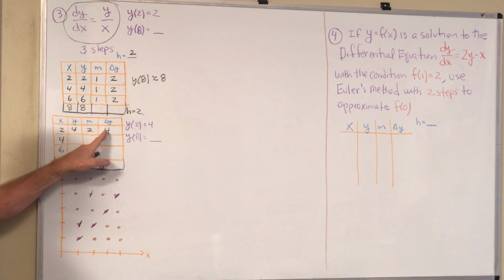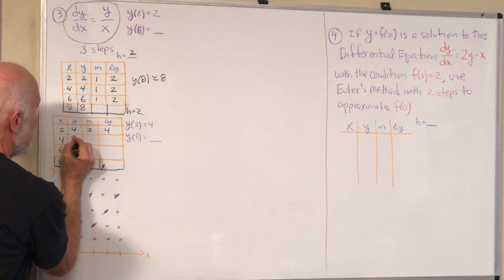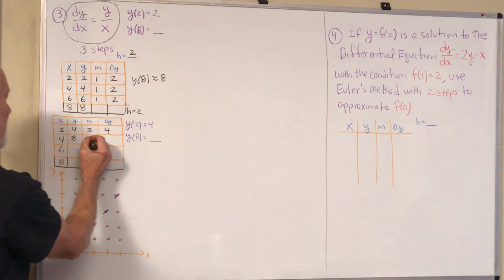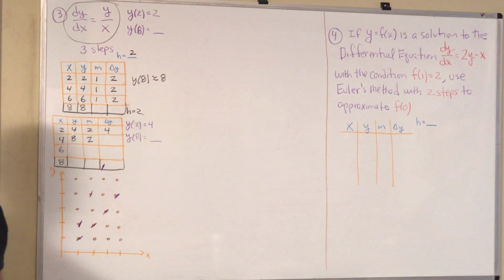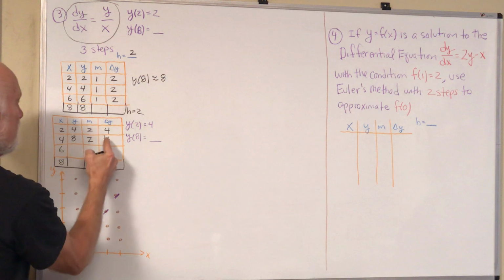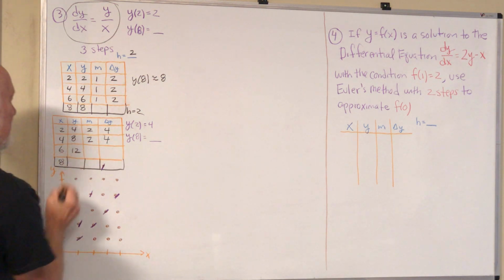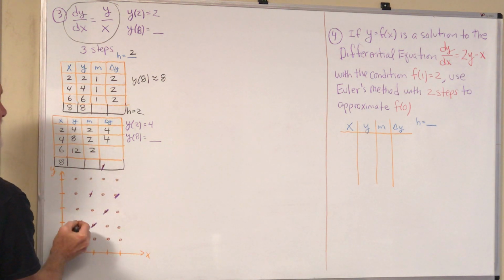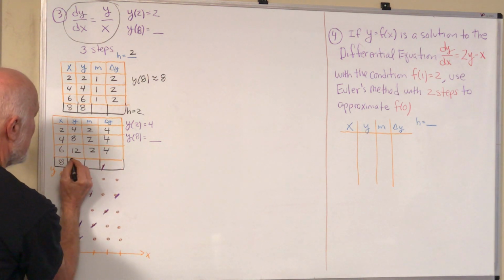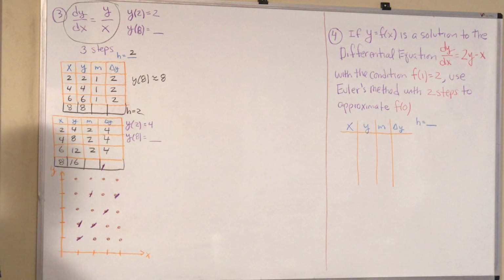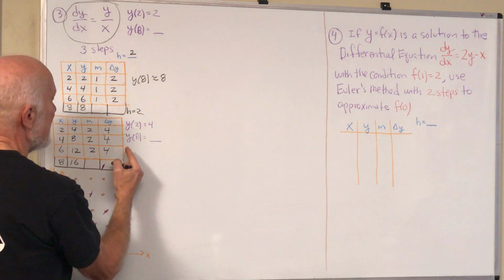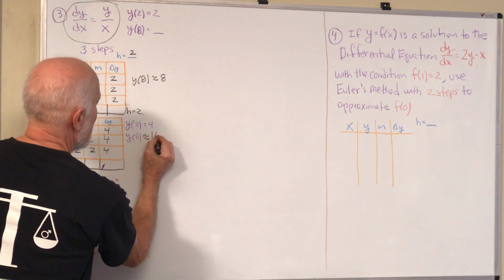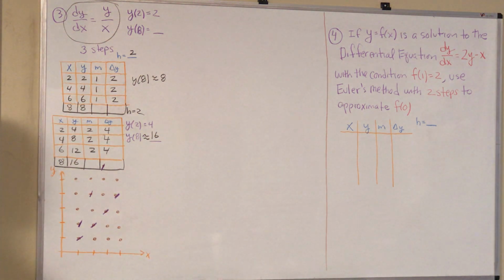So 4 added to 4 gives you 8. Now 8 divided by 4 is 2. 2 times 2 is 4. 4 plus 8 is 12. 12 divided by 6 is 2. 2 times 2 is 4. 4 plus 12 is 16. So we would say that y of 8 is approximately 16.